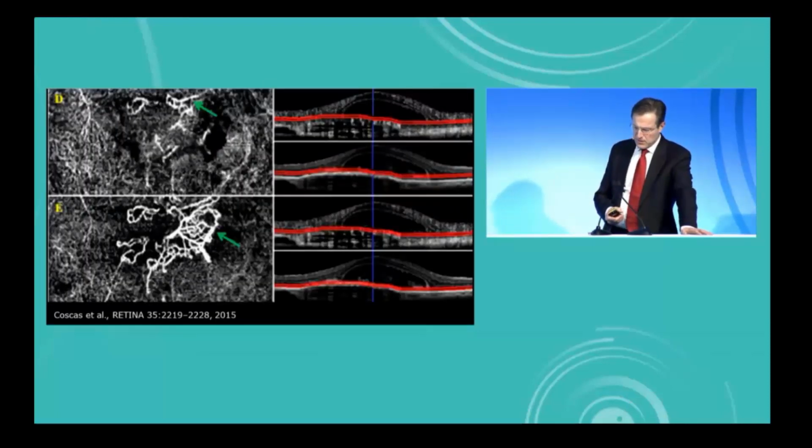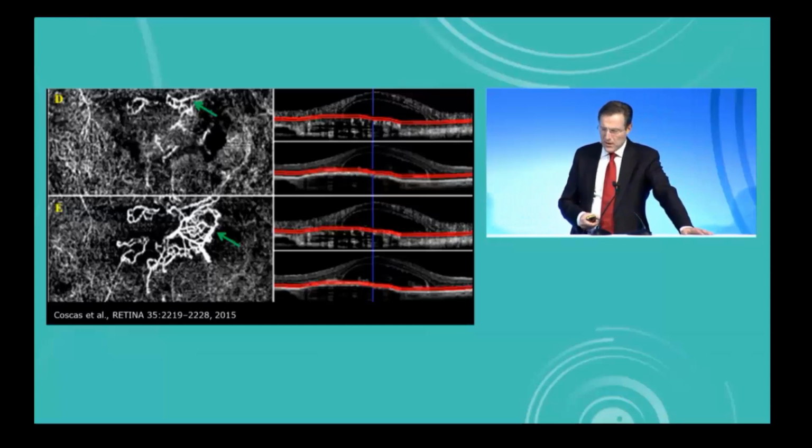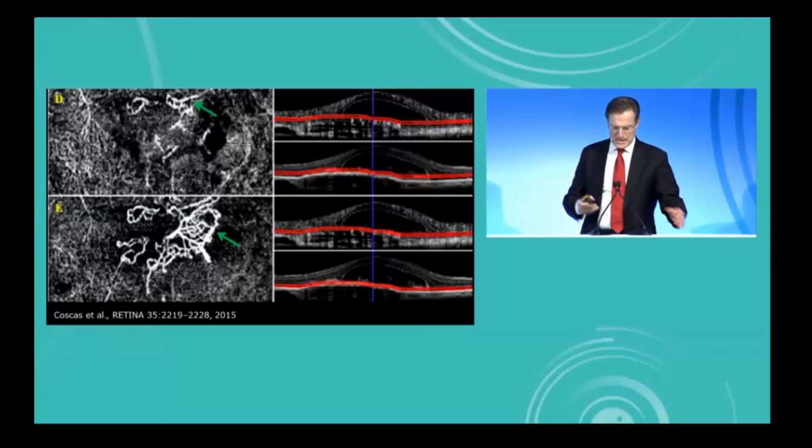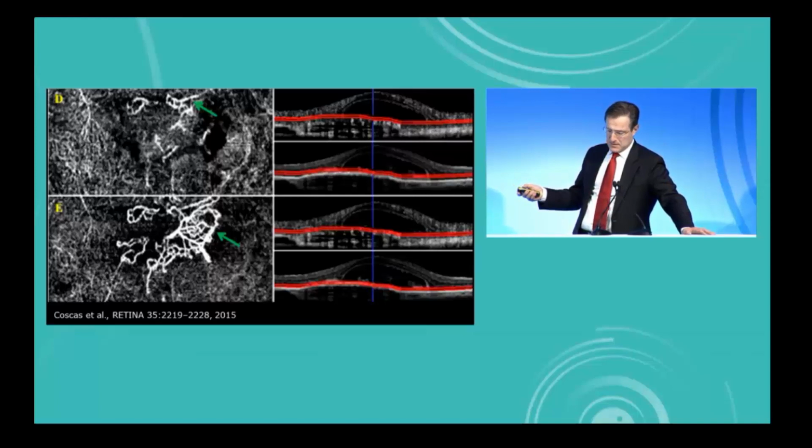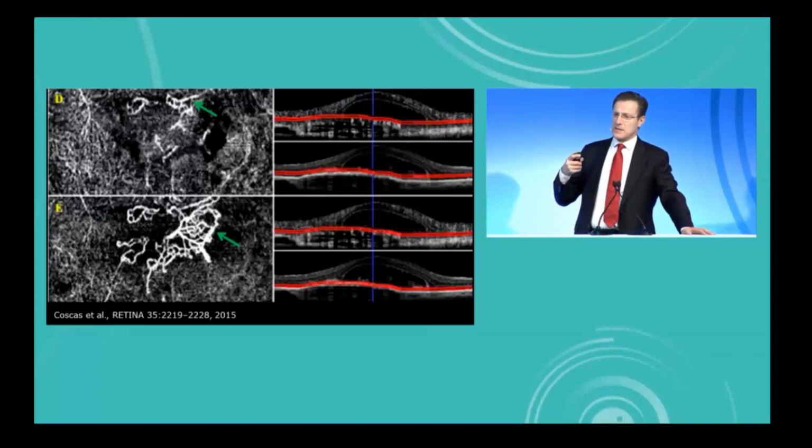And so here are some examples of how the selectivity for a given layer can produce different OCTA images, which you have to the left. So if you go to the right column and 2 images down, you will see a layer that is selective.